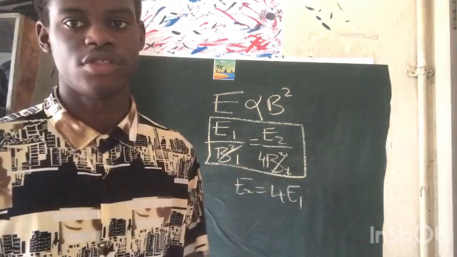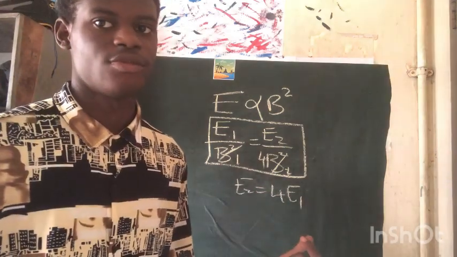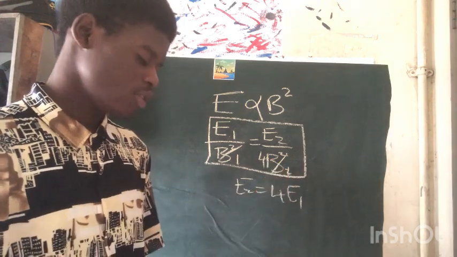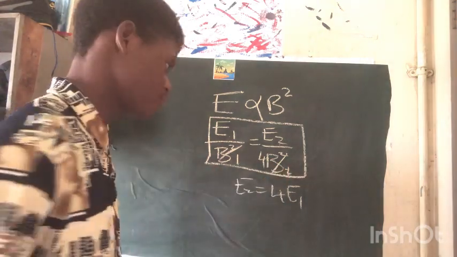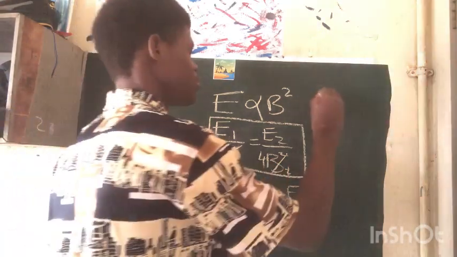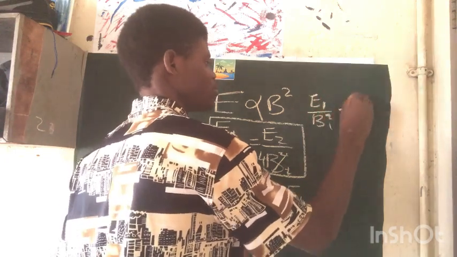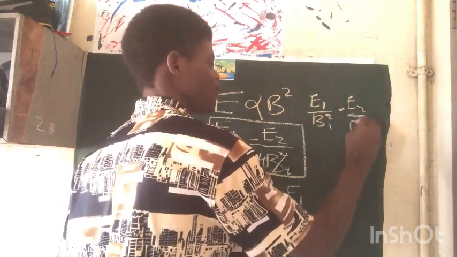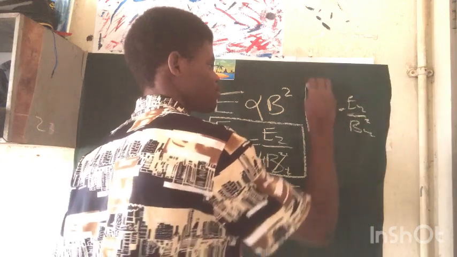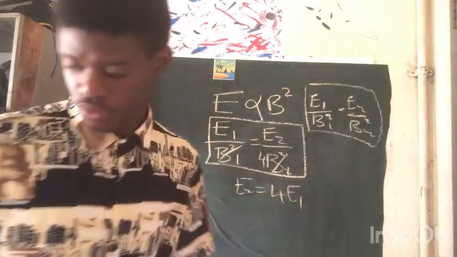That's if you double the magnetic field. You can also ask if you double the electric field, what happens to the magnetic field. But you also know that the formula to use is E1 over B squared 1 equals E2 over B squared 2. So that's that one too.